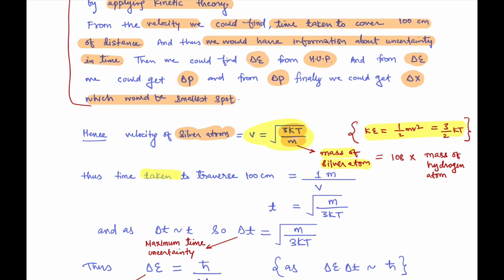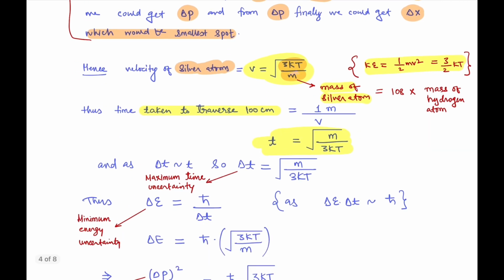Thus, time taken to traverse 100 centimeter would be 1 meter divided by the velocity. So time comes as square root of m divided by 3kT, and as the uncertainty is of the same order as the time, the uncertainty in time is the same, that is square root of m divided by 3kT.